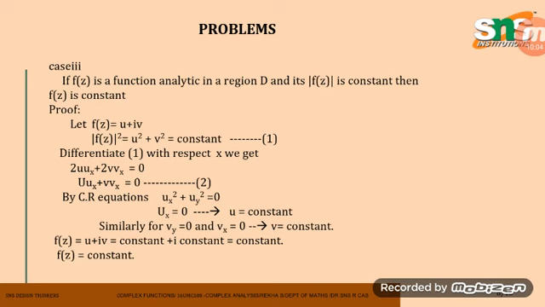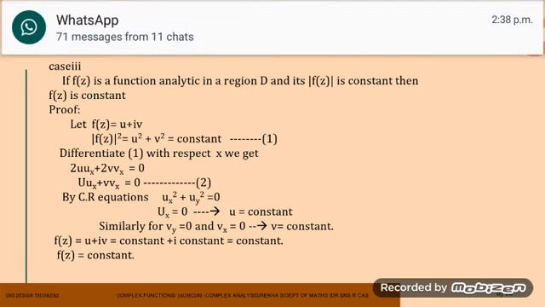Then you have to move on to the CR equation, and if you again differentiate with respect to y, we will get the same thing: u uy plus v vy equal to 0. The second value will become u, that is uy.